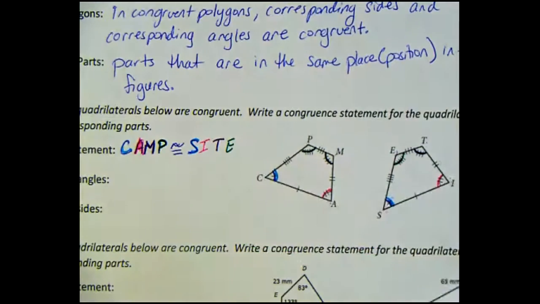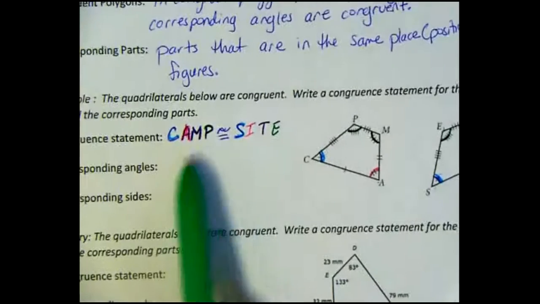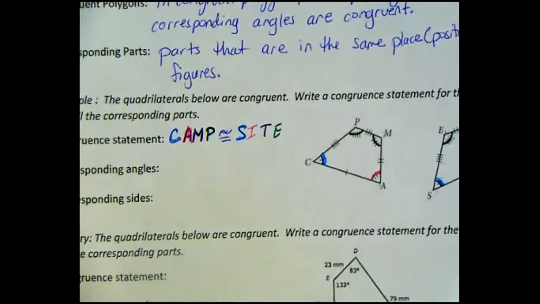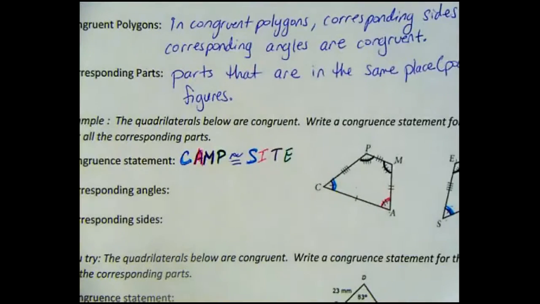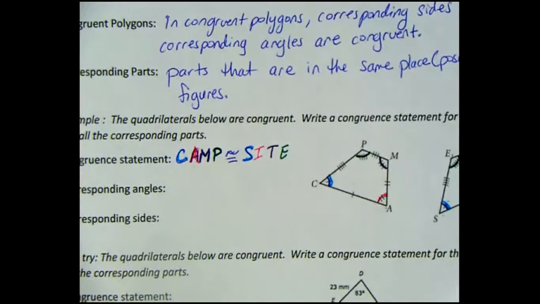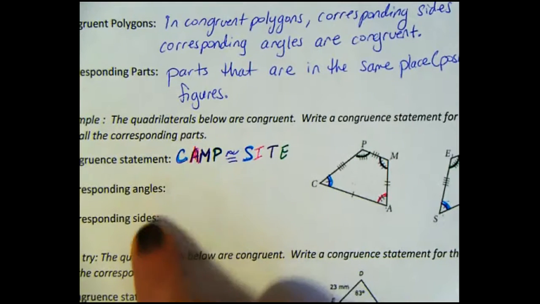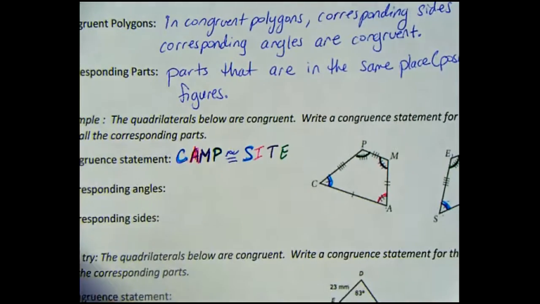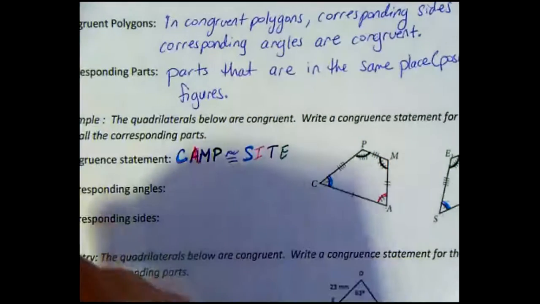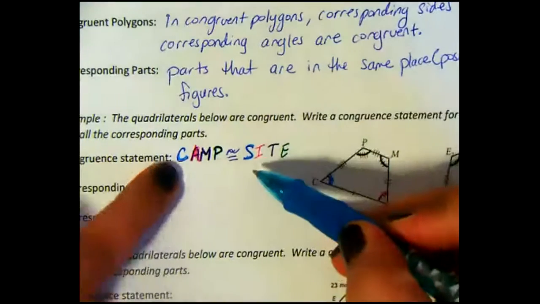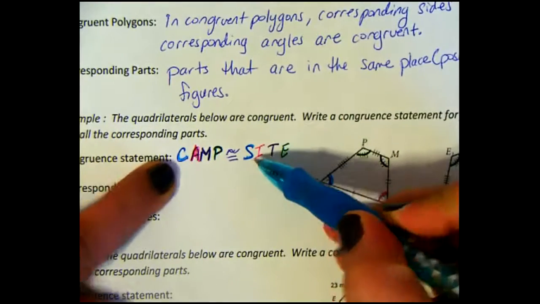The congruent statement also allows us to find corresponding congruent parts. So I can even use the congruent statement to identify my corresponding angles and my corresponding sides. If I take a look at my corresponding angles, by looking at the congruent statement, I can see C and S are in the same position.